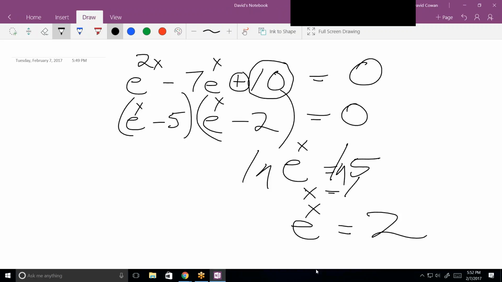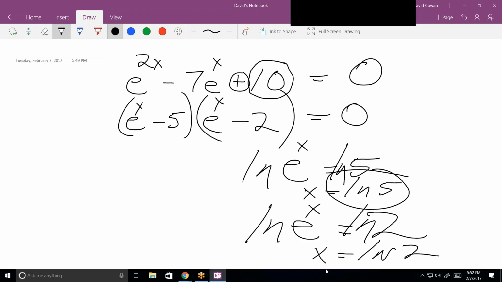So x equals the natural log of 5. And for the bottom solution, I take the natural log of both sides, and this gives me x equals natural log of 2. So natural log of 5 and natural log of 2 are your two solutions.